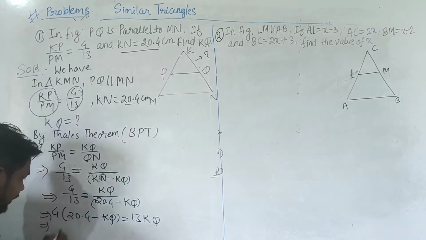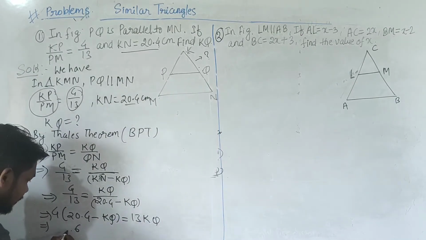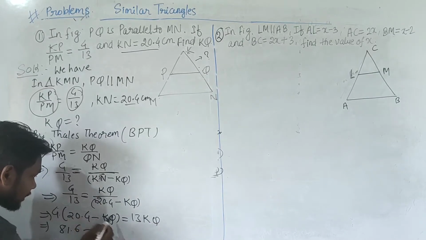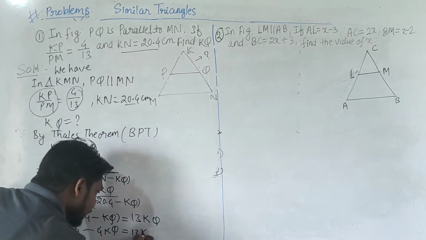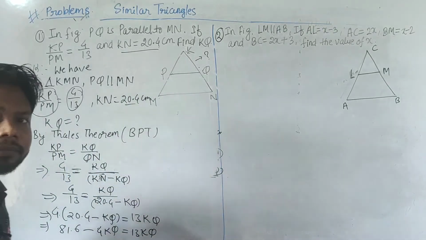So if we multiply, 4 times 20.4 is 81.6, and 4 times KQ is equal to 13 KQ, right? Okay.